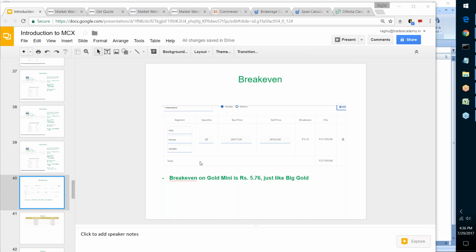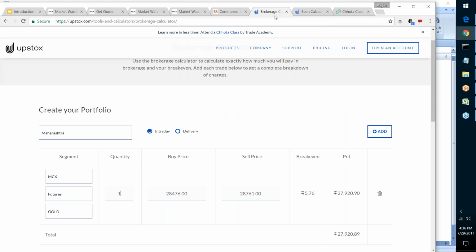Xiaomia, the break-even is very simple. Xiaomia is asking me, what is a break-even point? Break-even is basically the amount you have to cover to make a profit. So for example, if I enter at a buy price of 28476, and I make the sell price 28477, I'm not making money. If I make it 28481, I'm still not making money, but it's very close.